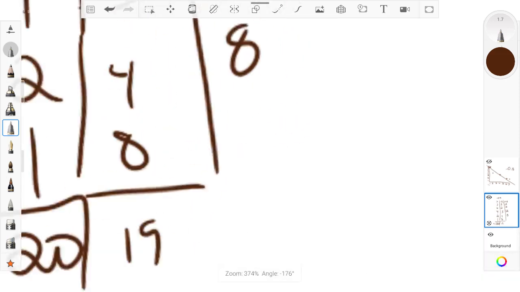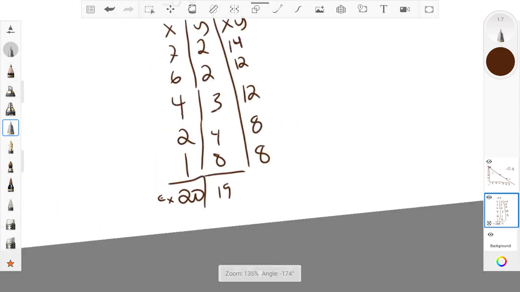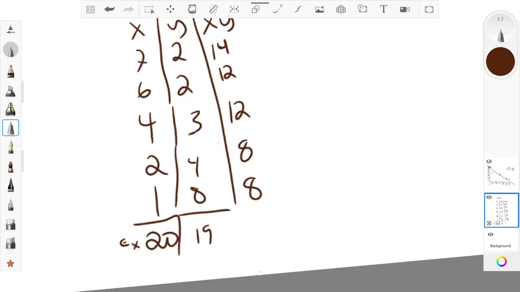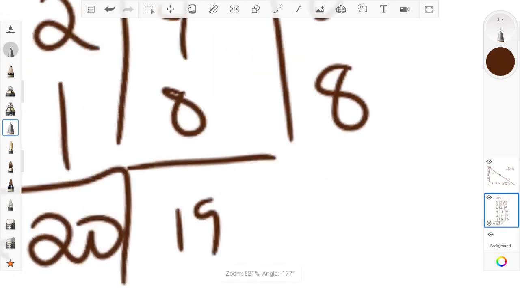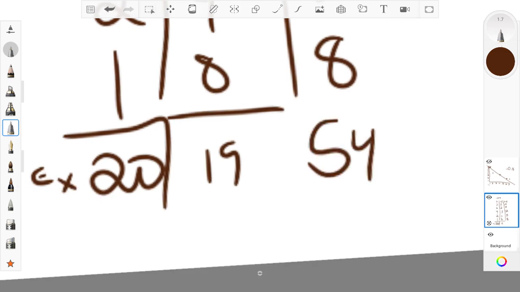And 1 times 8 is 8. And then our sum of xy will be 14 plus 12 plus 12 plus 8 plus 8. And that'll be 54.